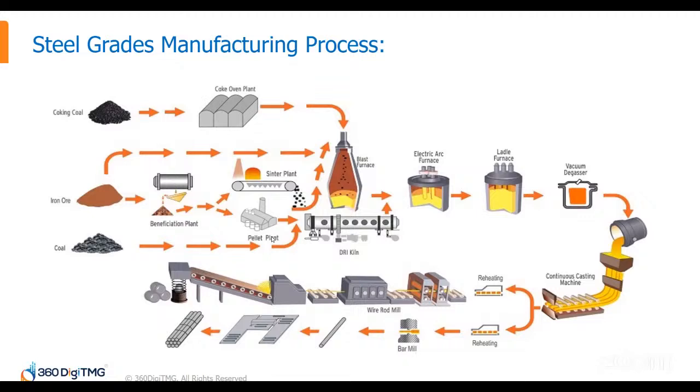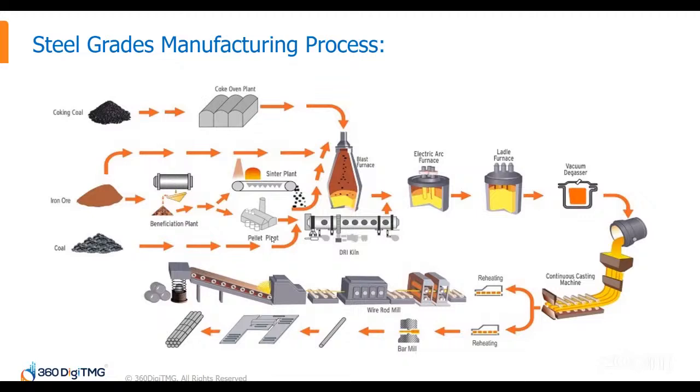So in the electric arc furnace, we carefully control the temperature and energy to melt the materials properly. So the chemical analysis of the steel happens in the electric arc furnace, where we check and adjust the elements like carbon and silicon to ensure the steel is the right type or not. Once melted, the steel moves to the ladle furnace for small adjustments to the chemical mix to get the right steel grade.